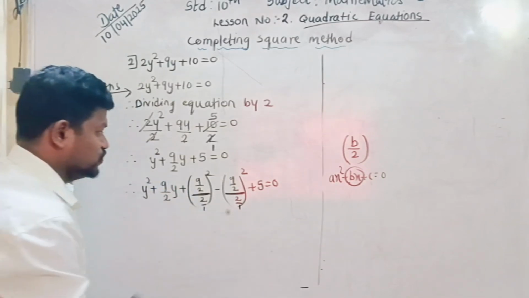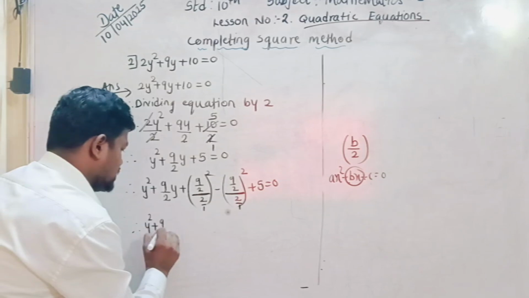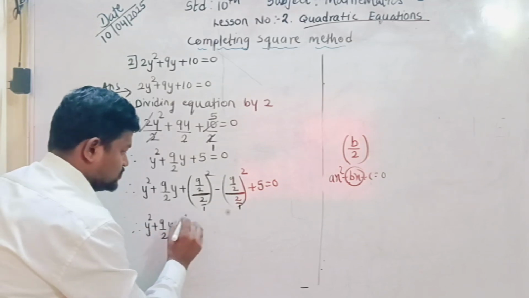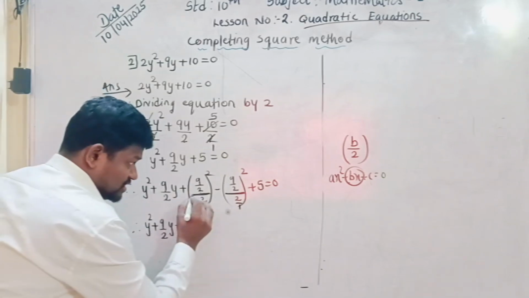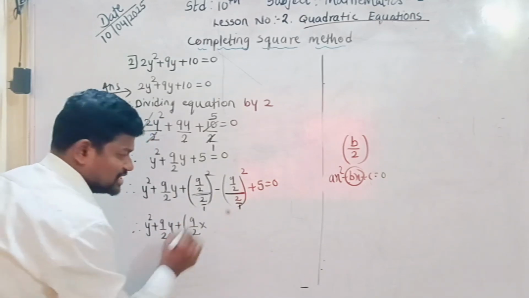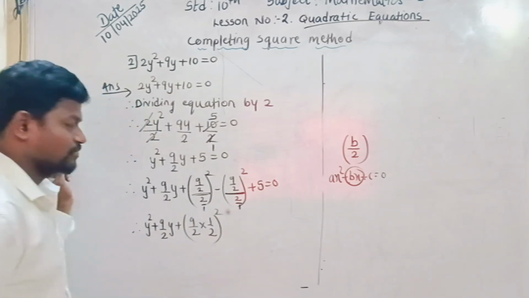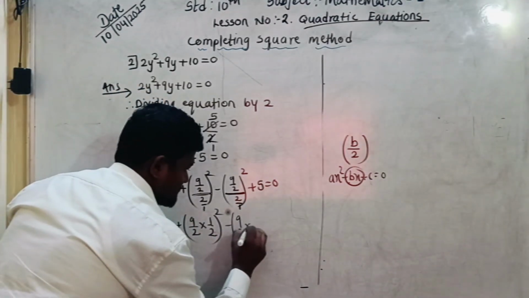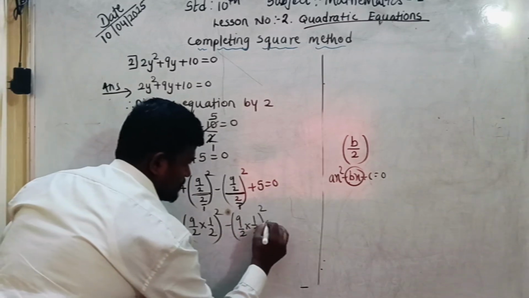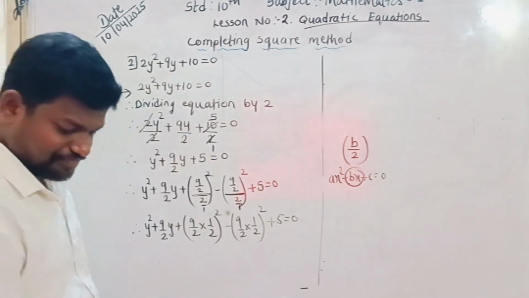So take the reciprocal of this value. After the reciprocal we have, see, 9 upon 2 written as it is, divide changes into multiplication and write down the reciprocal. So 1 upon 2 is the reciprocal. Again for this, write down the same, plus 5 equal to 0. Okay?